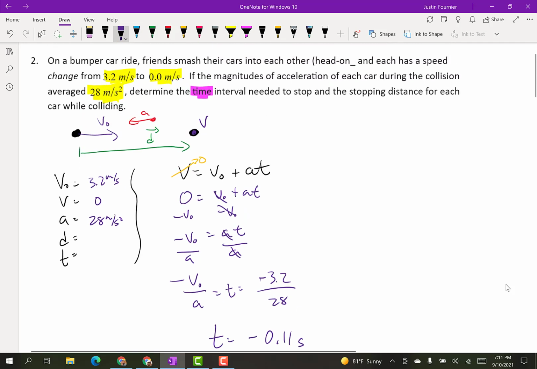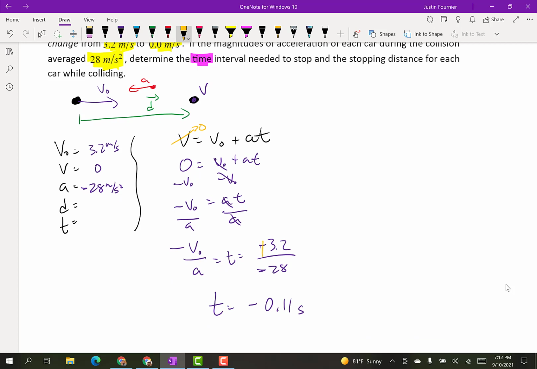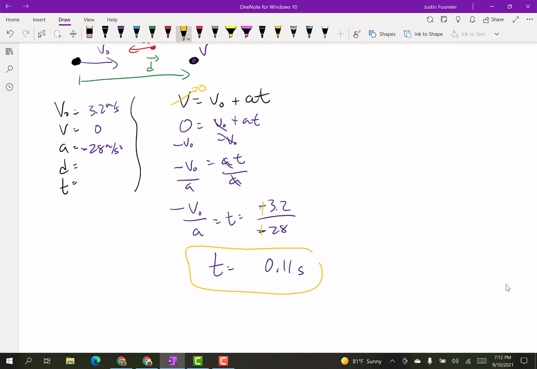My mistake is that I forgot that the acceleration was negative. So when I plug in a negative acceleration here, that cancels out the negative, and I do get a positive 0.11 seconds.